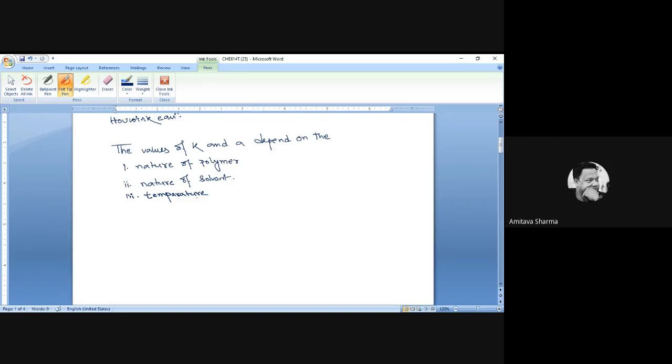Now in equation 25, remember that both the intrinsic viscosity and the proportionality constant K are expressed in the same way.